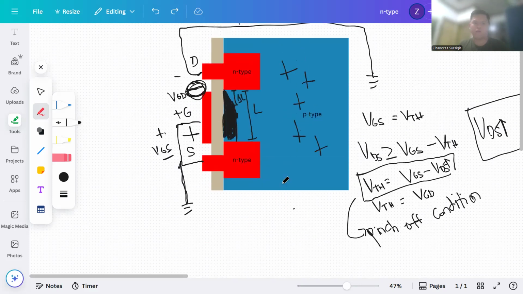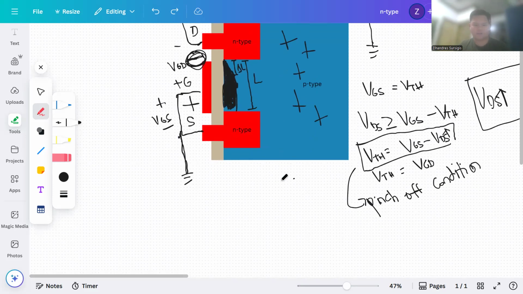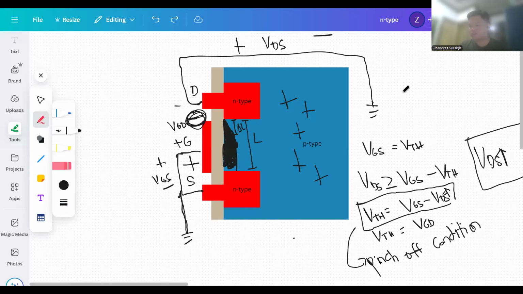So, what actually happens is, there is an existing electric field here, this portion.